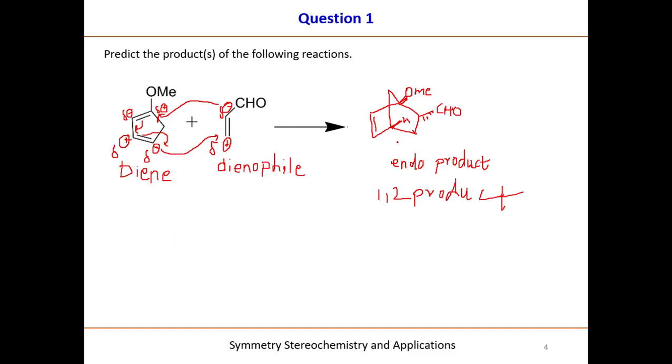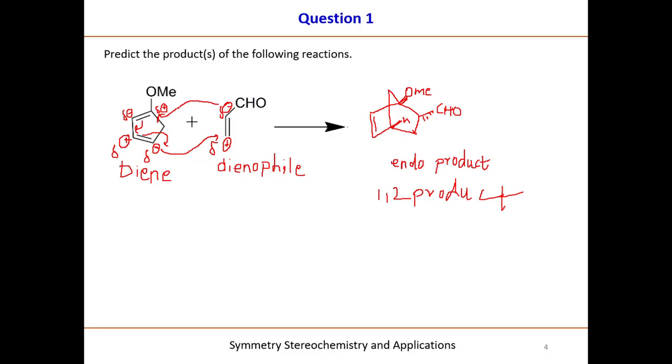Now here again we have done the Diels-Alder reaction, a 4 plus 2 cycloaddition reaction, but the difference here is that we have a cyclic diene instead of an open chain diene. In the cyclic diene we have to do everything in a similar manner, assigning the partial positive or negative charges on carbon atoms to proceed the reaction.